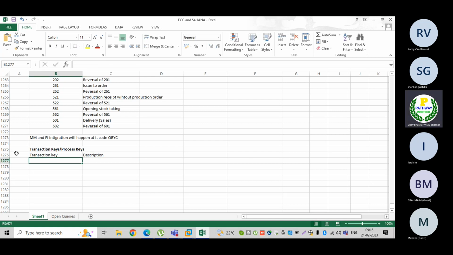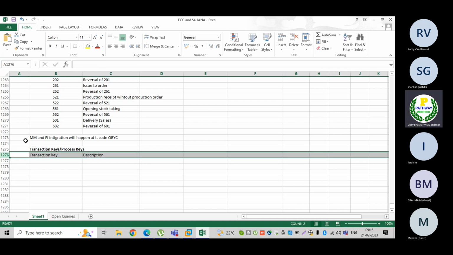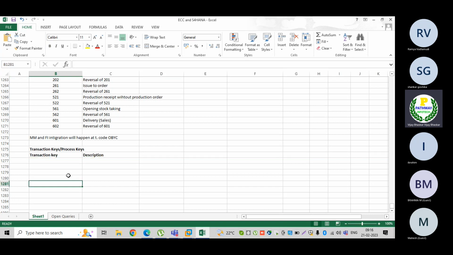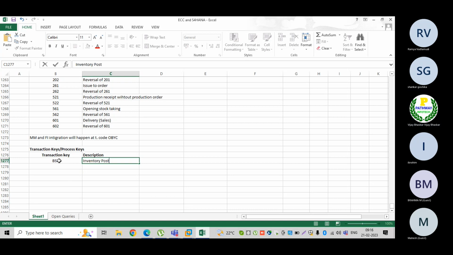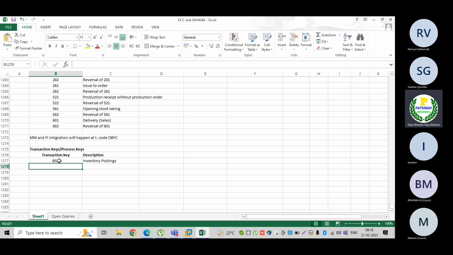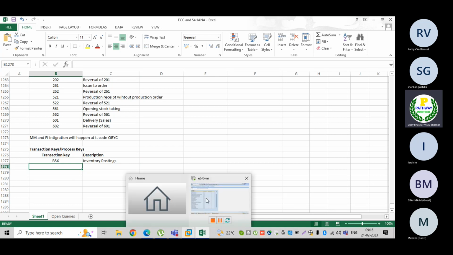For what purpose do we need to use it? Now the transaction key, let us see BSX. The first one is for inventory postings. Now let me show you a practical example here.